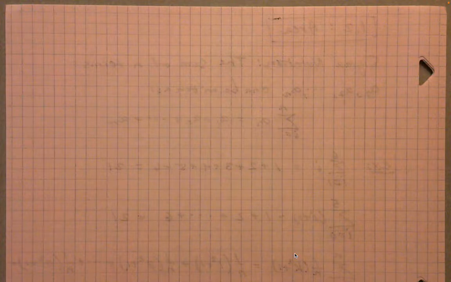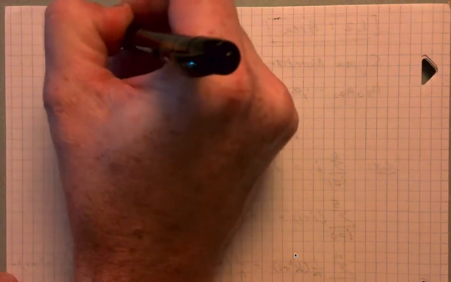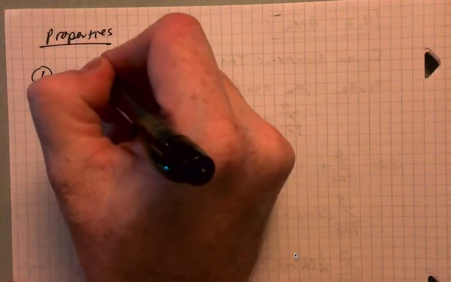Okay, so there it is. That's the sigma notation. Now there's a couple of properties that we're going to need, and some identities for sigma notation. So, a couple of properties. The first one is the one that we've already kind of seen.